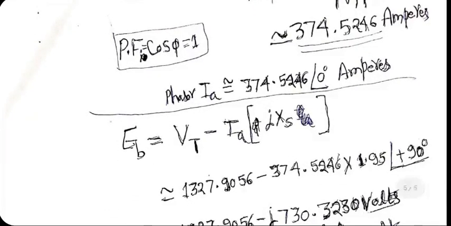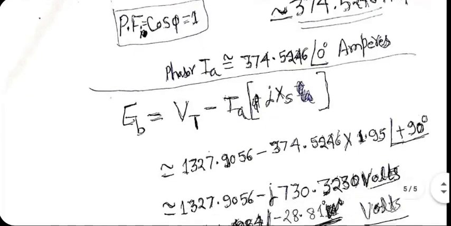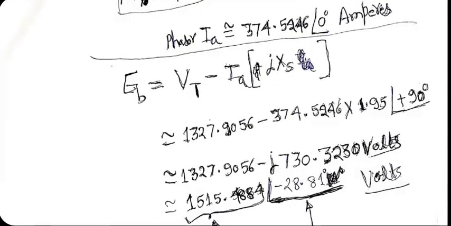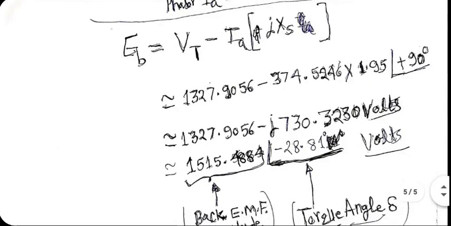EB is straightforward because RA is 0, so the equation is simpler. Go through the calculations. They look horrendous, I know, but we have no choice.